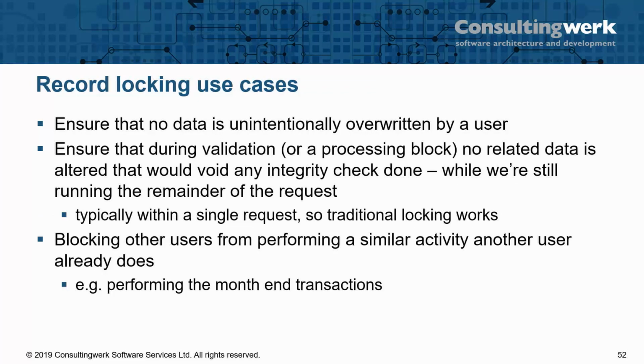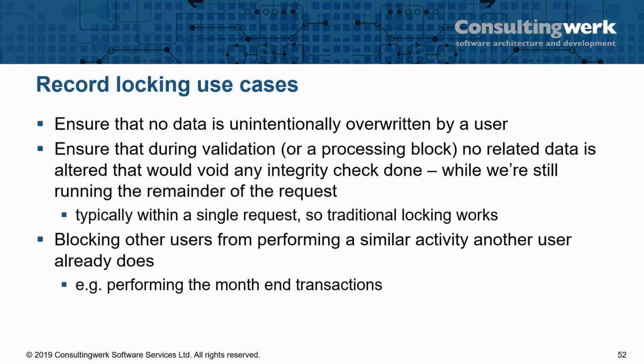And before we look for a solution for record locking, we have a discussion with the customer. For which purposes are you using record locking? So is it to avoid that users unintentionally overwrite data? Maybe during a processing block, you verify some data at the beginning and you want to know that this is still the case at the end, and that's why you have to lock records.